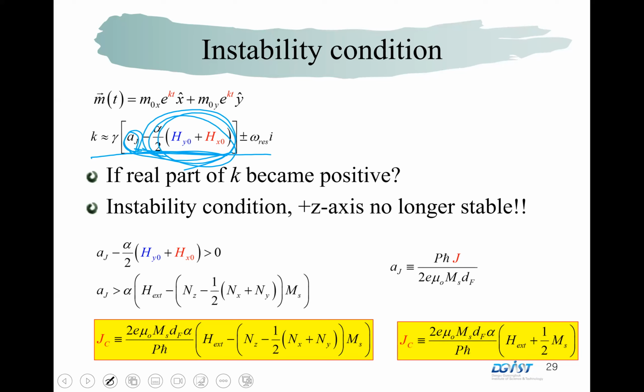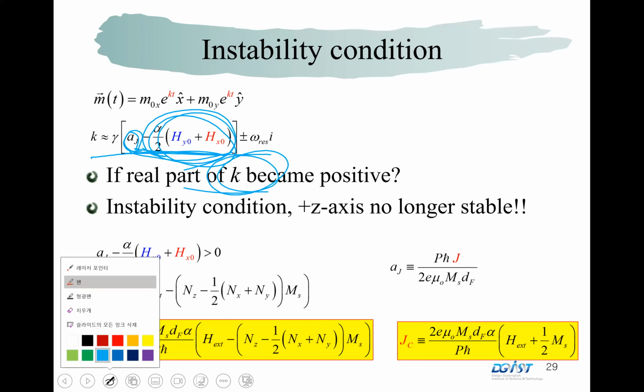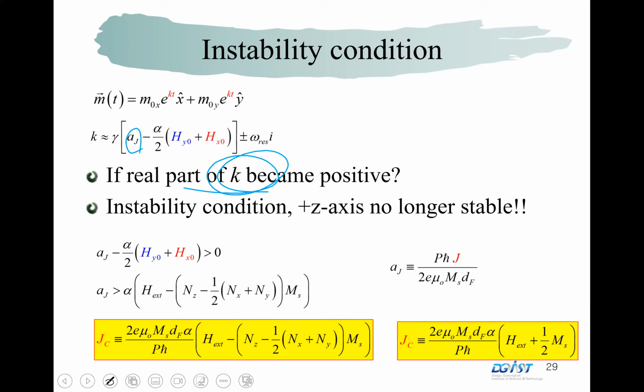So what happens if the real part of K becomes positive? So far, if we ignore the STT, this term is always negative, so the system is always damping. But if K becomes net positive, what's going on? Please remember that we are talking about this situation. If this is the real part, what happens here?